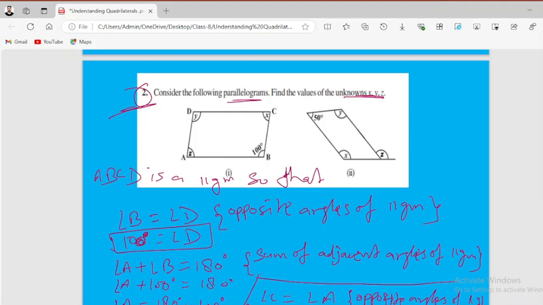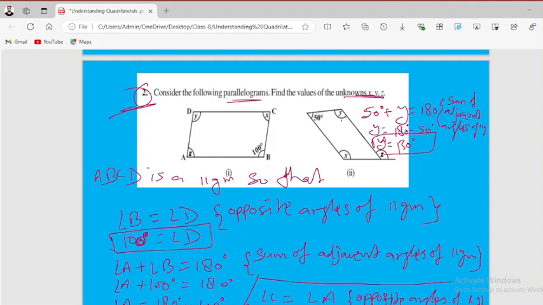Here, 50 degrees plus y is equal to 180, by the sum of adjacent angles of a parallelogram. So y is equal to 180 degrees minus 50 degrees, so y is equal to 130.